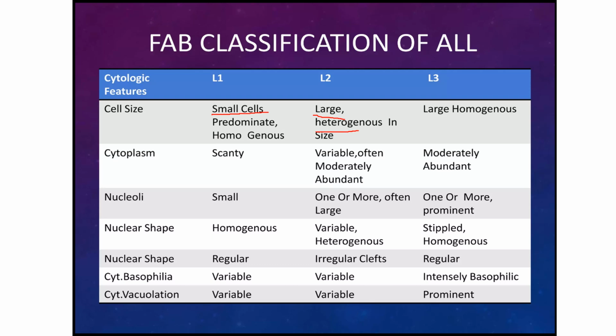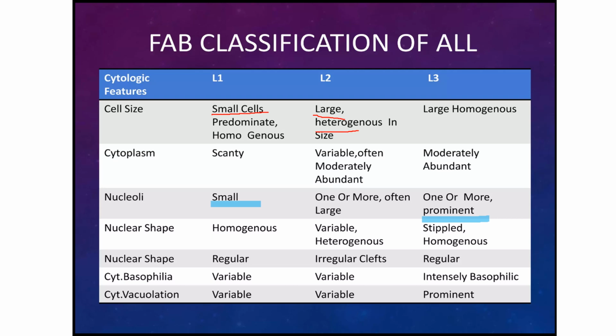Cytoplasm will be very scanty in L1, whereas in L2 it will be variable, and in L3 it is abundant. And as we all know, as the malignancy advances, the nucleoli will be present. Nucleoli will be very small in L1, one or more and often large in L2, and more prominent in L3.